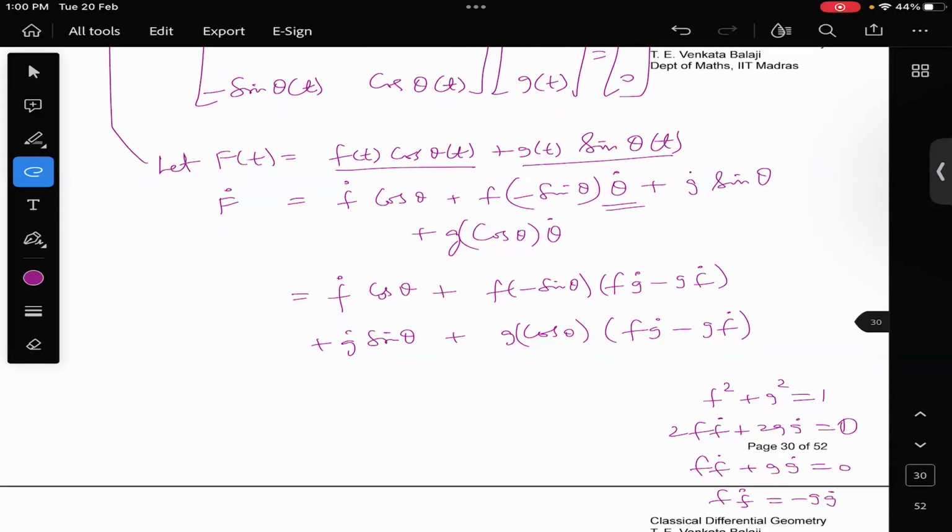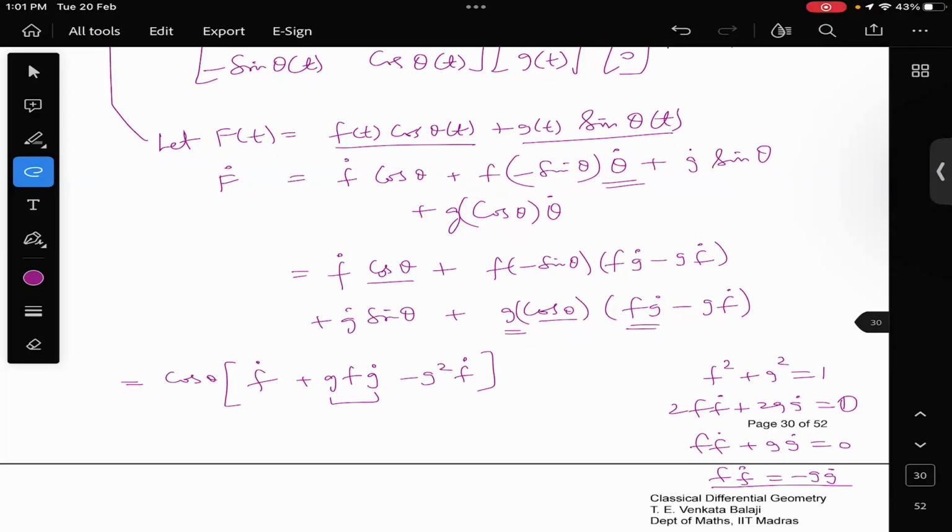So what you do now is, you just collect cos theta and sin theta terms, okay. So let me do this. Cos theta, watch, there is an f dot here from this term, and in this cos theta term replace g squared by 1 minus f squared, okay.